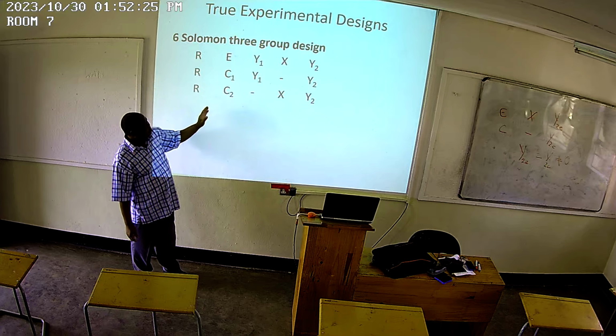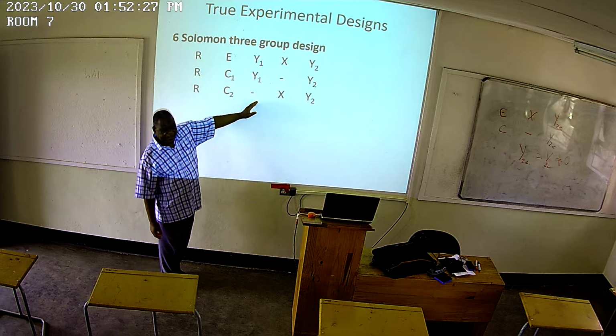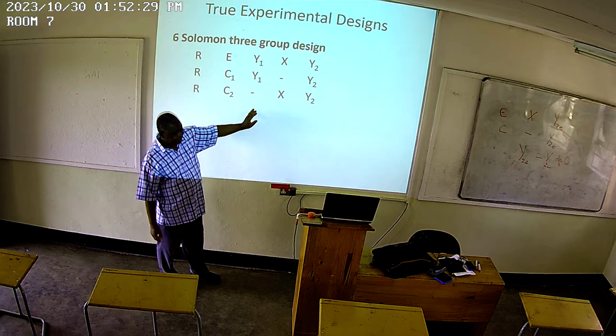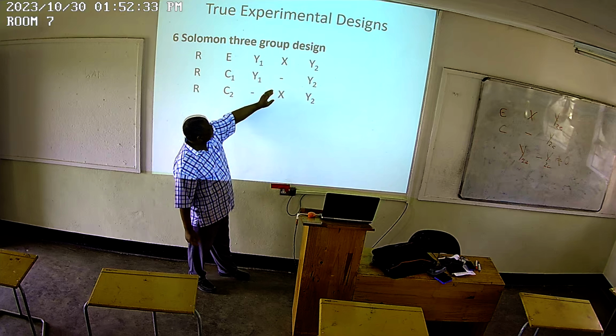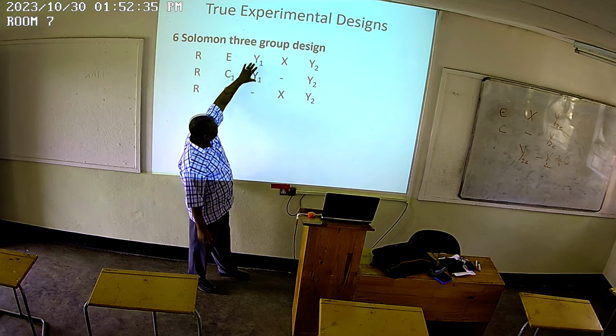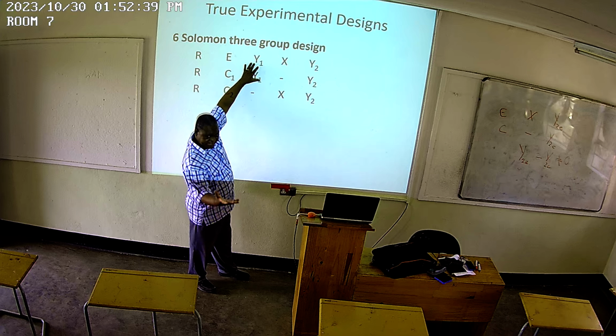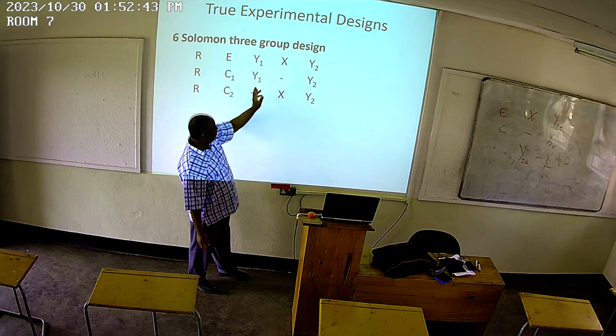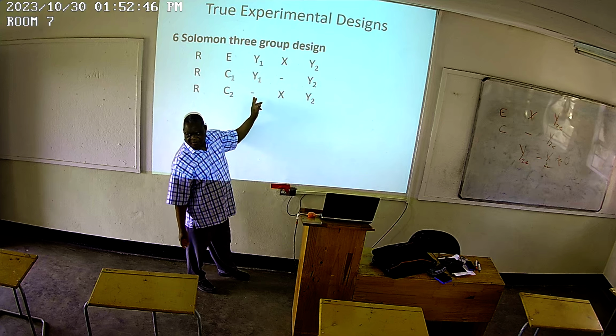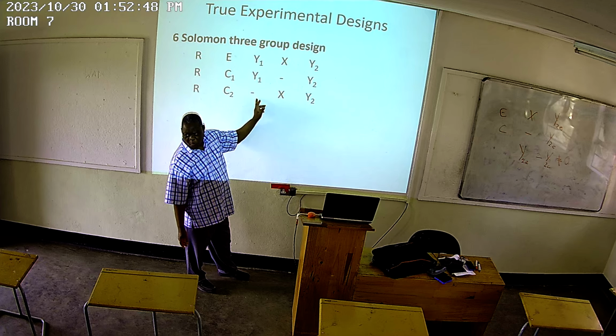But situational differences, you assume that if Y1 is causing a difference, it is a situational difference. In the course of the experiment, you have created this difference. That can be tested for by C2, where there is no Y1.